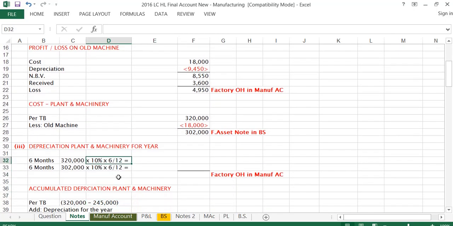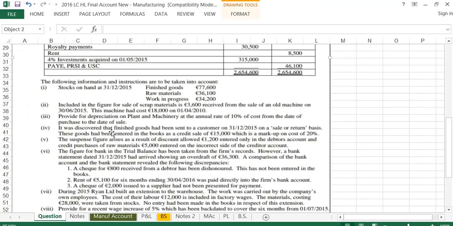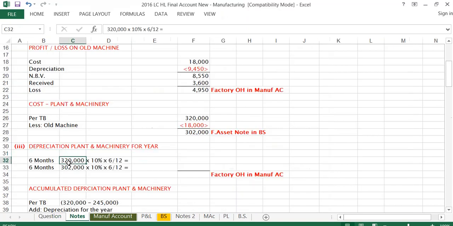As we can see from Note 2, the change when we sold this machine was at the end of June 2015. So the cost for the first 6 months was 320,000, and for the next 6 months was 302,000. So let's work out the first 6 months: 320,000 multiplied by 10%.